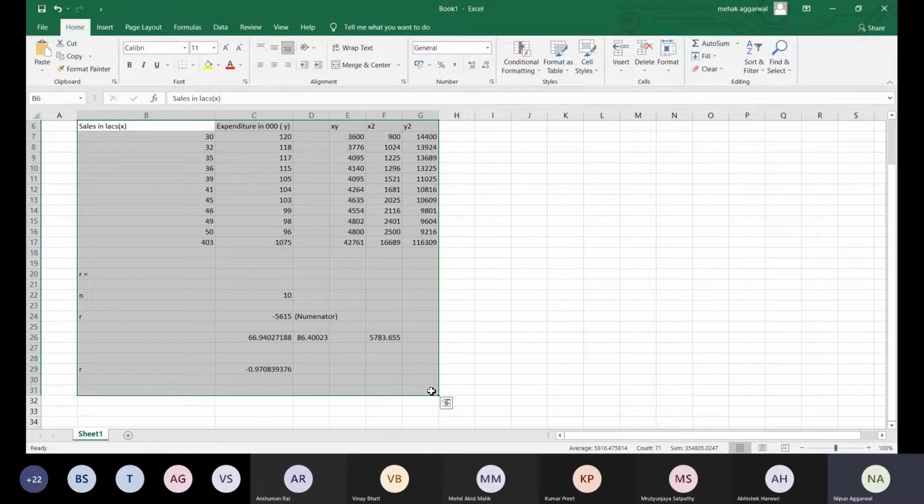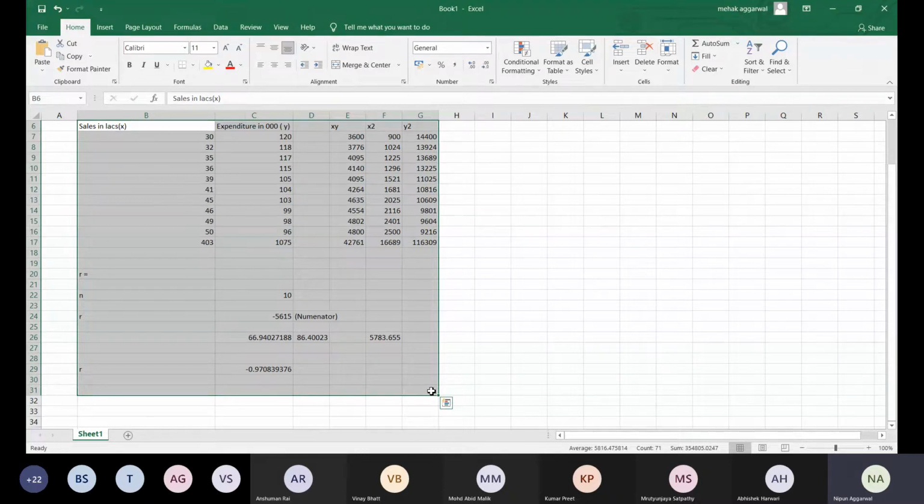I have applied the formula for the coefficient of correlation in such a way that if I change the data, it will give me the coefficient of correlation between the two variables. You can check any value, change it, and automatically we get our coefficient of correlation. That is known as Karl Pearson's coefficient of correlation.